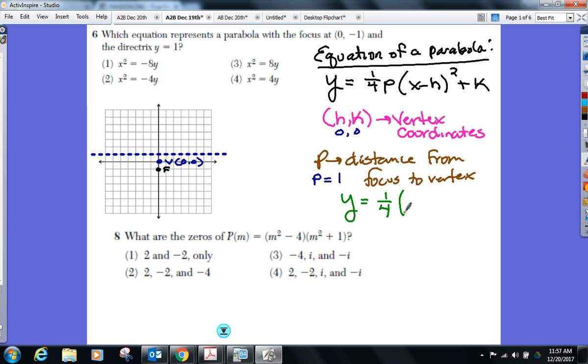What's going to go inside here? x minus, what's the vertex coordinate? x minus 0 plus, what's the other coordinate? 0, the y coordinate. Can you guys help me clean this up here? I don't like the way that looks. x minus 0, and then I'm going to square it, right? So 1/4 x squared.